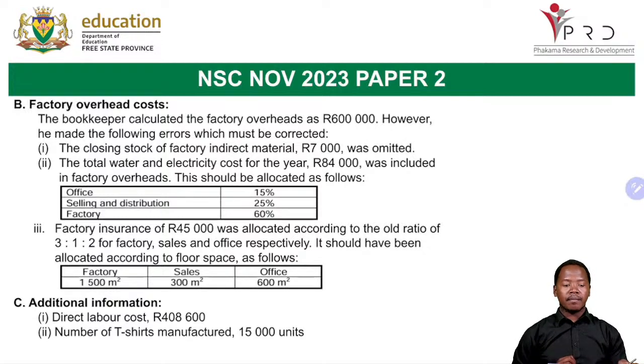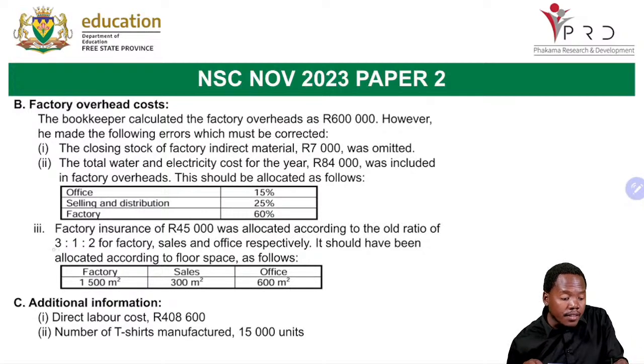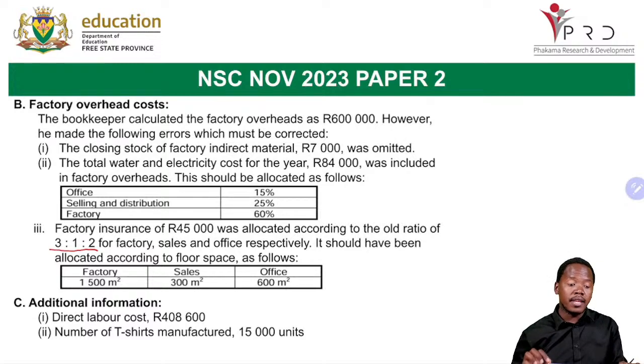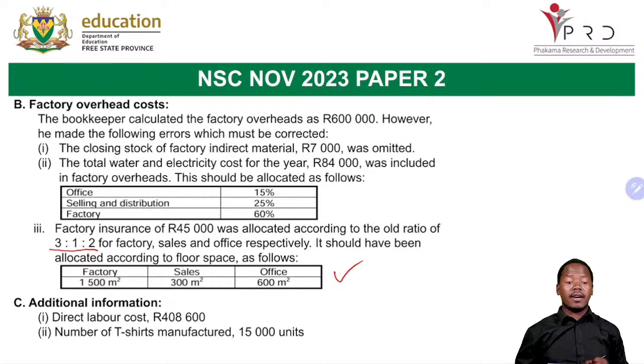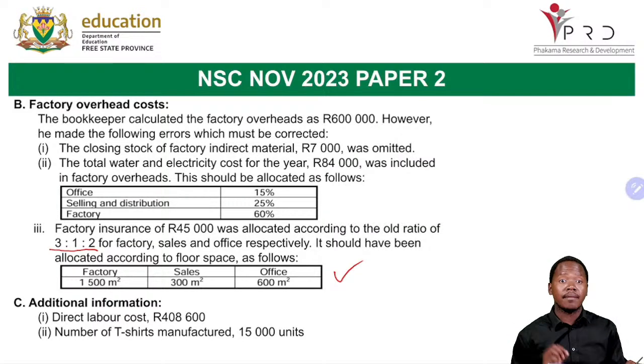Roman figure 3, factory insurance of 45,000 was allocated according to the old ratio of 3:2:1:2. That is between the factory, the sales, as well as the office, respectively. But it should have been allocated using the correct, meaning the 1,500 square meters, the 300 square meters, and the 600 square meters is the correct allocation or correct ratio.